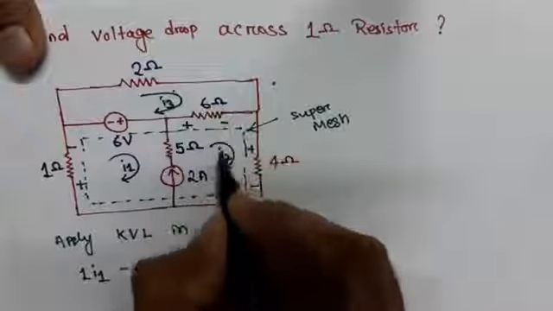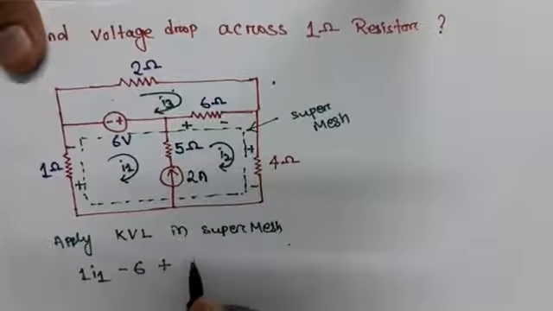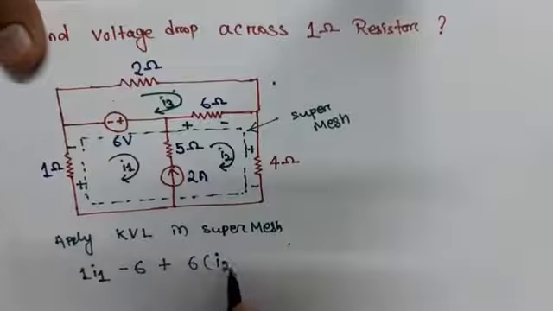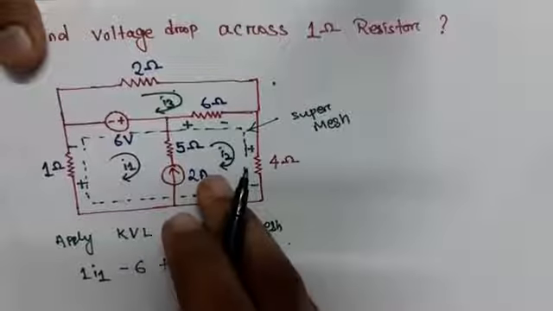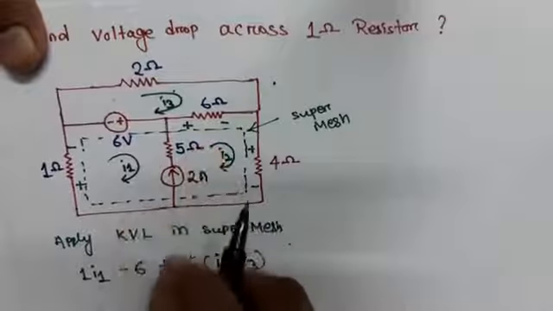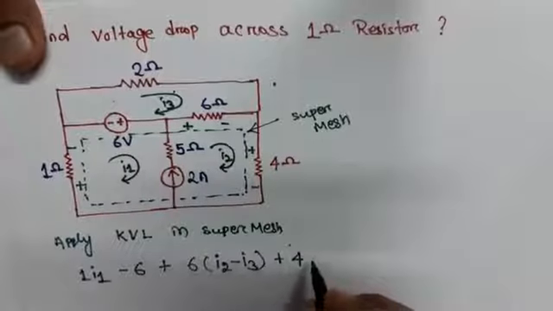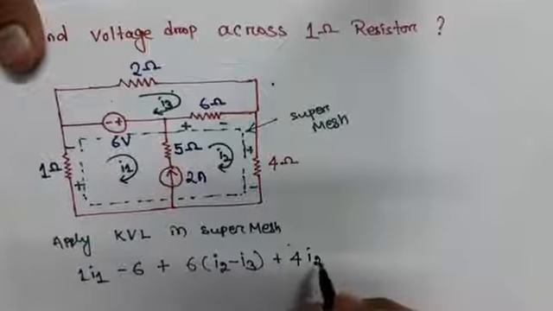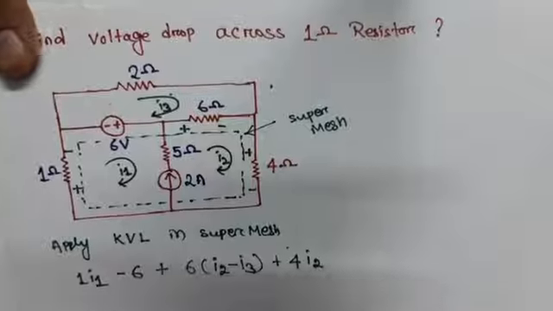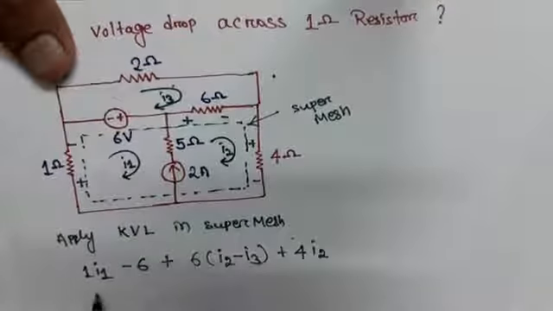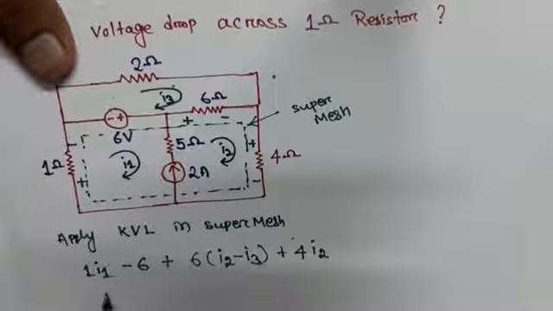I3 is entering, I2 is the other way, so 6 into (I2 minus I3), because we consider I2 as higher. Then plus 4I2.